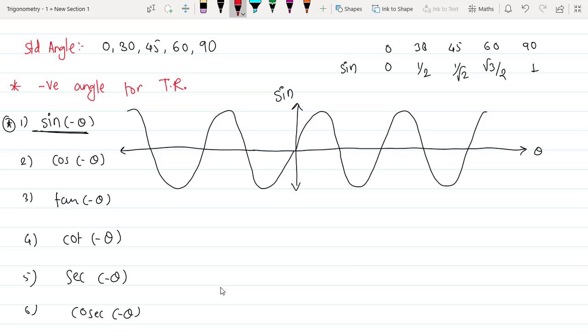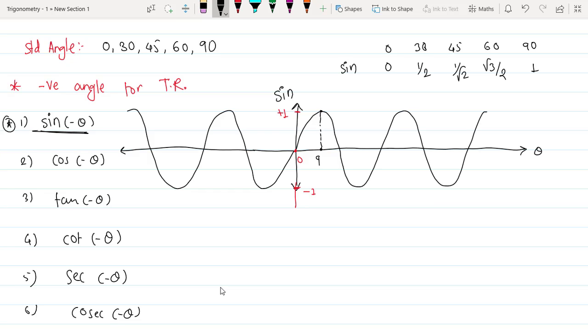values. See here, now this is 0, of course. Next, this magnitude is 1, this is positive 1 and this is minus 1. Now tell me, when your sine is positive 1 at this point, what should this angle be? How much should the angle be?